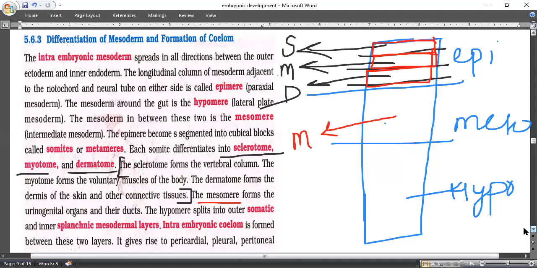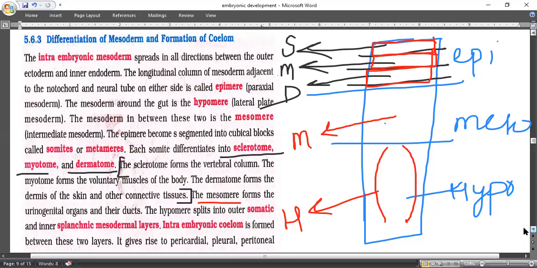Next, this area, hypomere. The hypomere splits into outer somatic and inner splanchnic mesoderm. Somatic and splanchnic mesoderm, you can understand, means coelom. Wherever you see the words somatic and splanchnic, that means coelom.